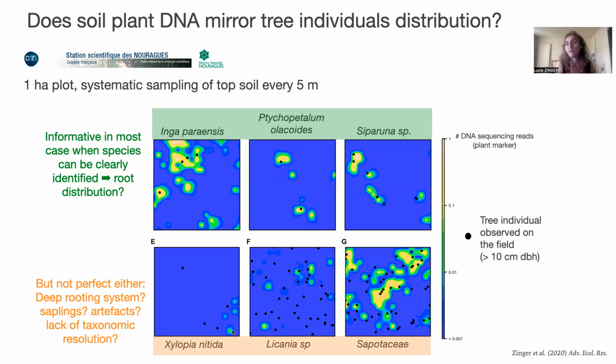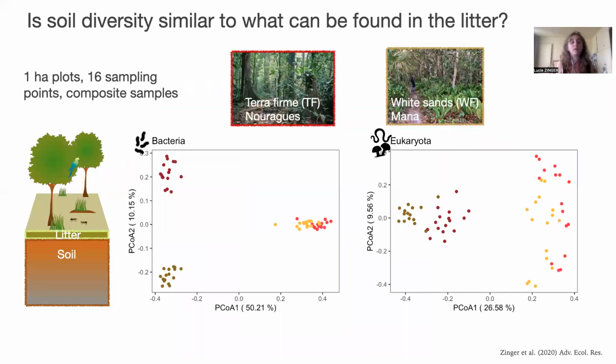We do not exclude the fact that there are other artifacts that could explain this lack of fit, but what we really think is that the signal we obtain is strongly related to the roots, some information about the roots, and not about what lives above, including the litter. And I say this because we also conducted an analysis where we compared the bacterial and the eukaryotic communities in both the soil and the litter compartment in two different types of forest habitats.